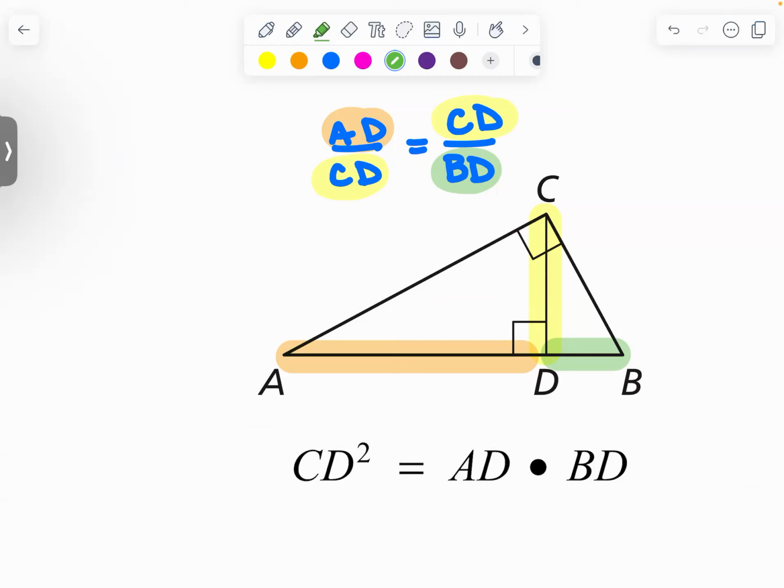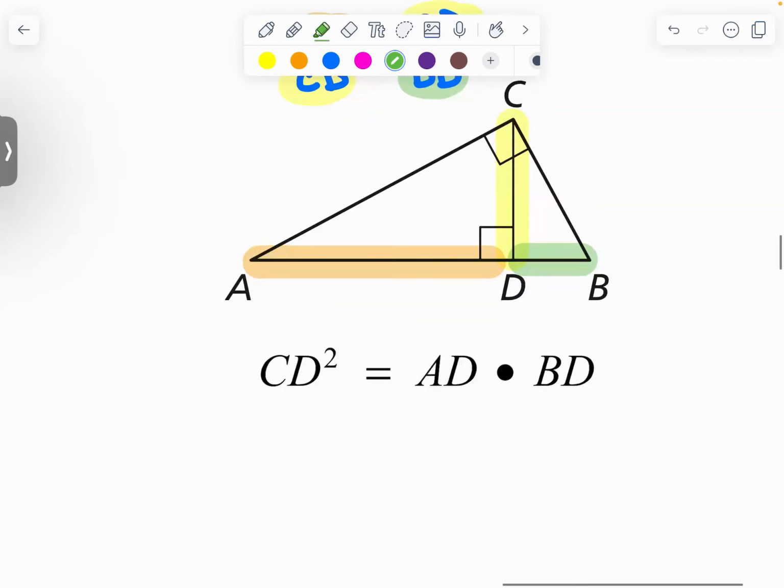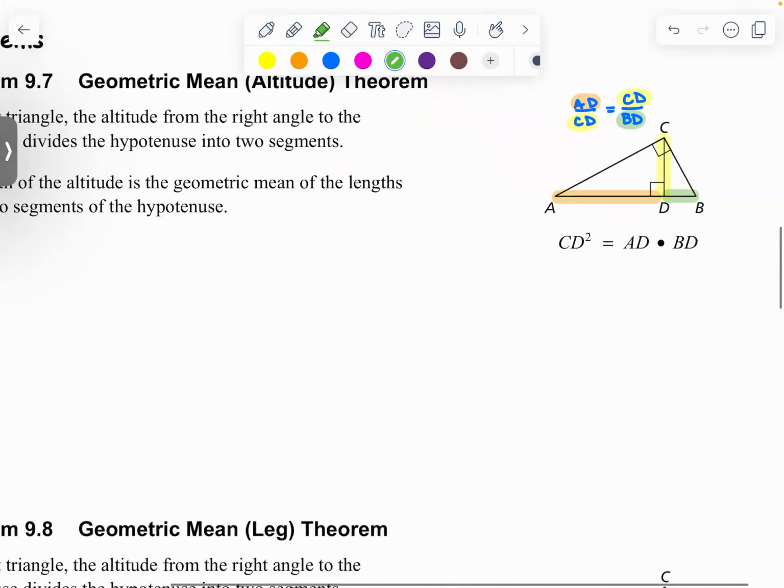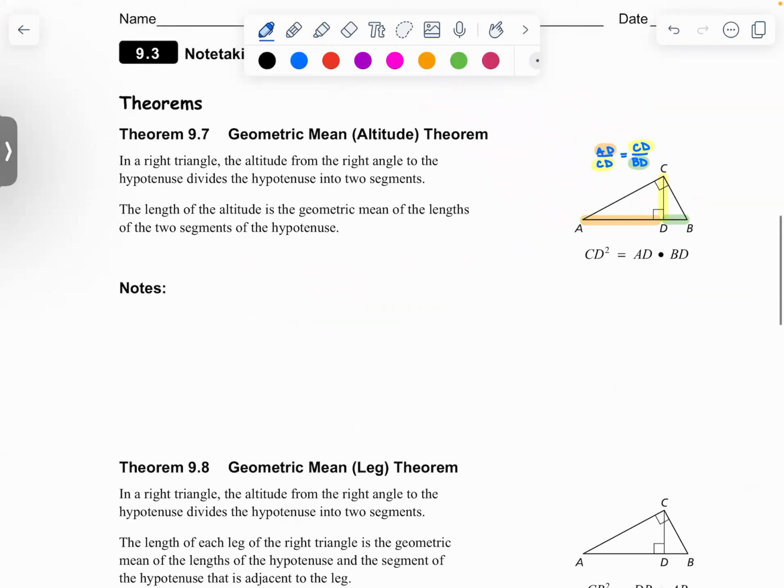I like to look at it like a tripod. Here are the three pieces of the tripod. That altitude is the geometric mean between the two pieces of the hypotenuse. So I want you to draw this picture for me.